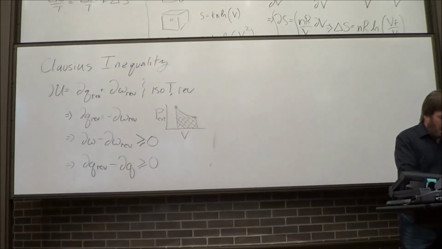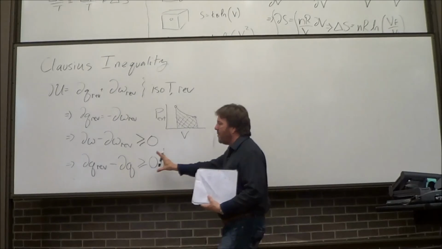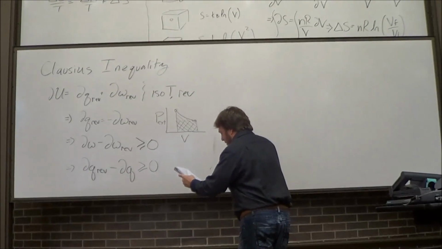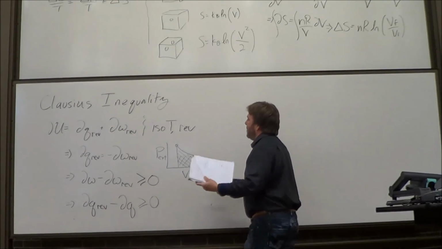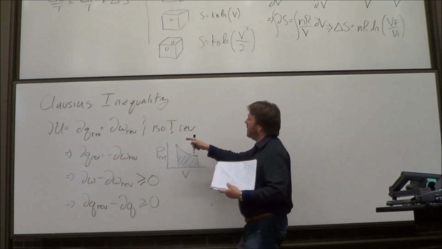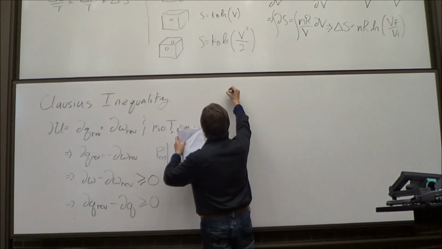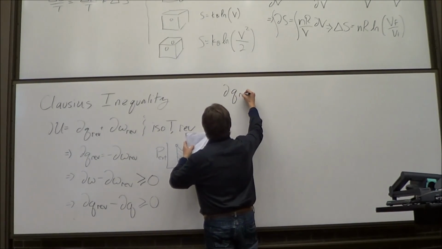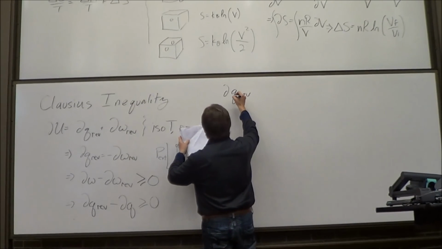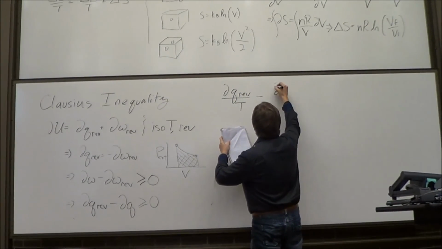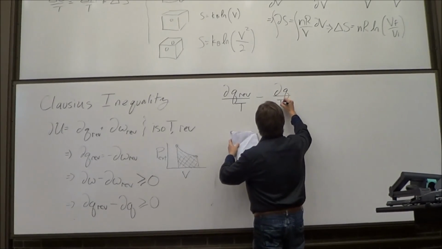Anyway, so I'm really having a bad one right now. Hopefully you're okay with this. This isn't quite the Clausius inequality. This is the Clausius inequality. Remember that I am going down an isothermal reversible path, although this works for any path because I'm talking about state variables. Because I'm isothermal, the temperature is well defined, so I'm going to divide by temperature.